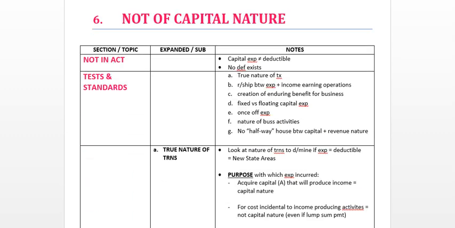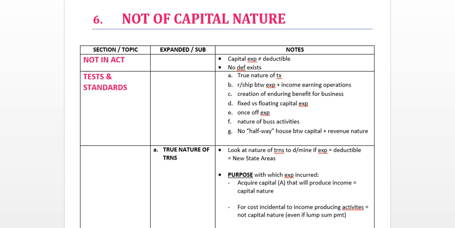Okay, again, as with the income definition, we have the phrase "not of a capital nature". So capital expenditure is not deductible. No definition exists in the Act, so there are tests and standards. There are certain tests you need to do to determine whether an item is of a capital nature or not.